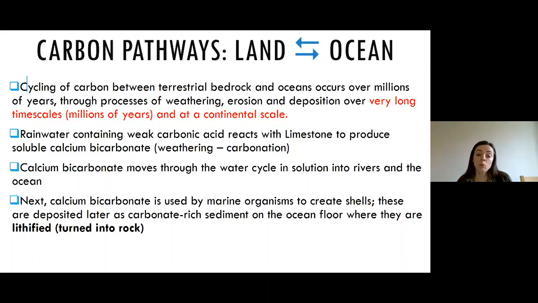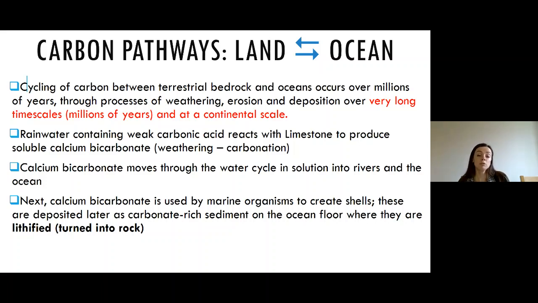Rainwater containing weak carbonic acid reacts with limestone to produce soluble calcium bicarbonate. One example is on the land, where rain reacts with limestone causing carbonation, which then releases carbon into the rivers, for example.